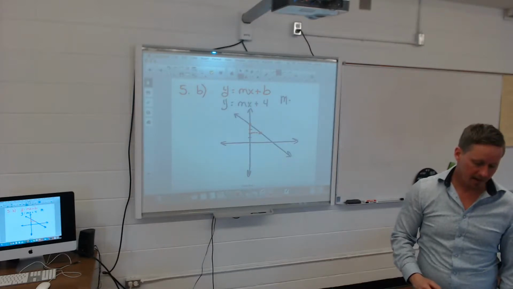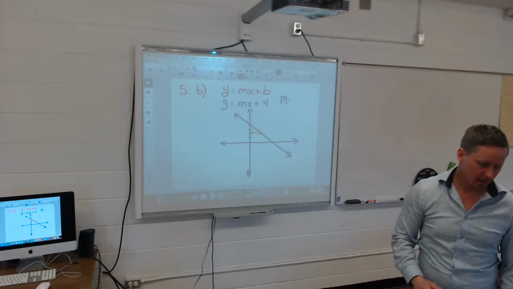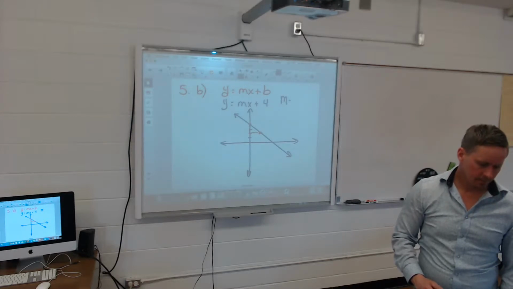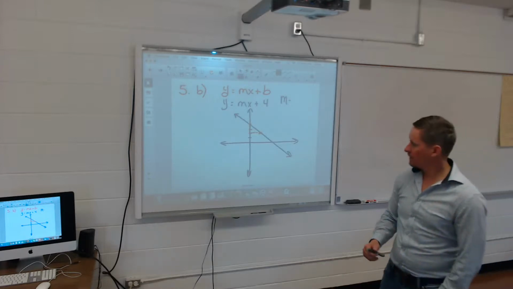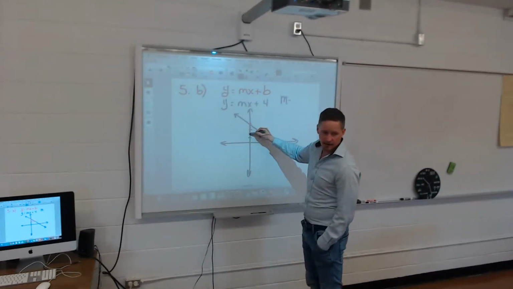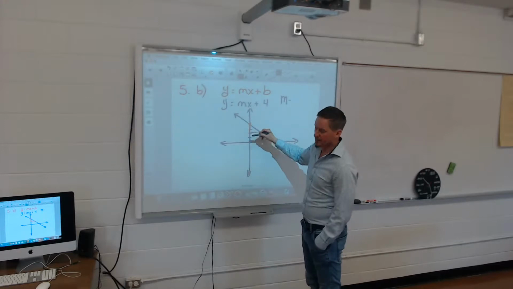Which direction? Up or down? Down. Down 2, and then what? Once she goes down 2, where does she go then? Left 2. So if she goes down 2, she goes from here to here, right? Oh, and then she goes right 2.